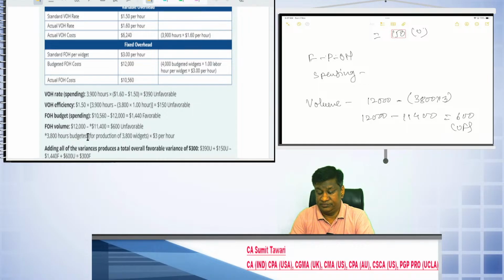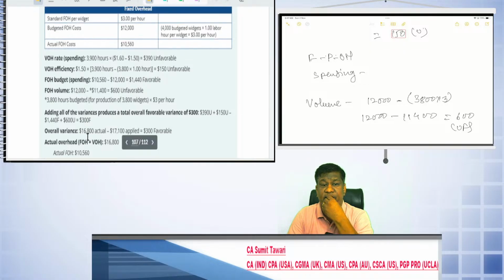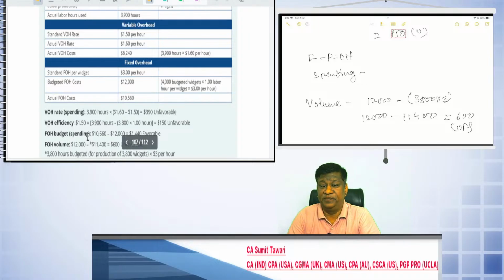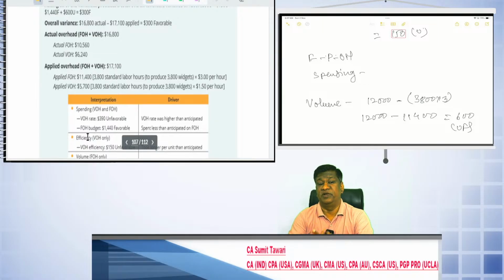Any doubt here? When we do the example, at that time we may get more clarity. But just keep in mind this is a slightly complicated concept. In CA also most of the students are not able to do the fixed production overhead variances. So you need to practice, and if you face any issue, you can connect with me.